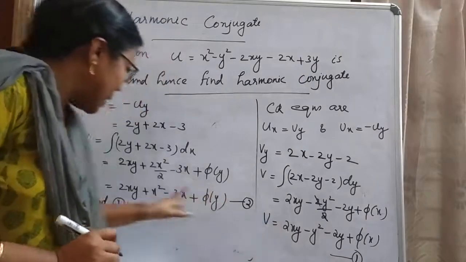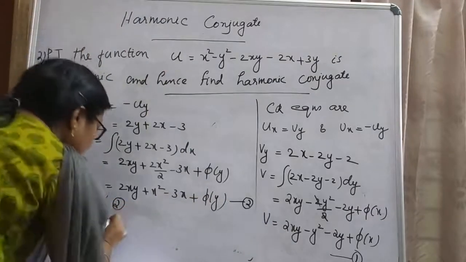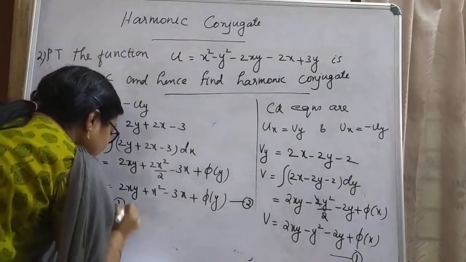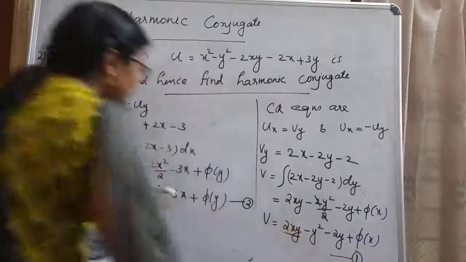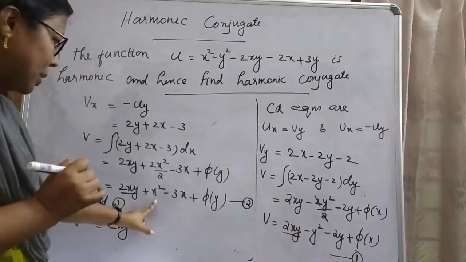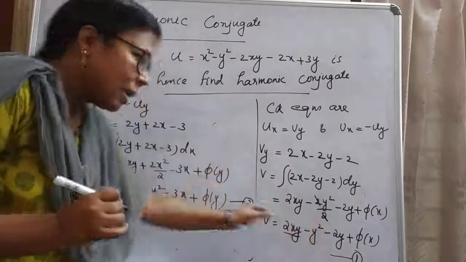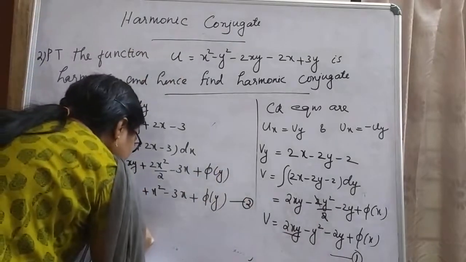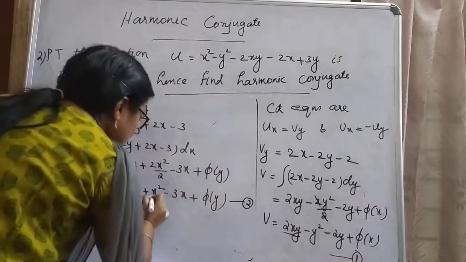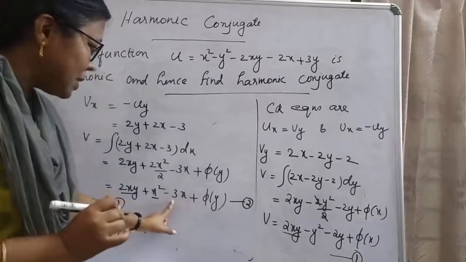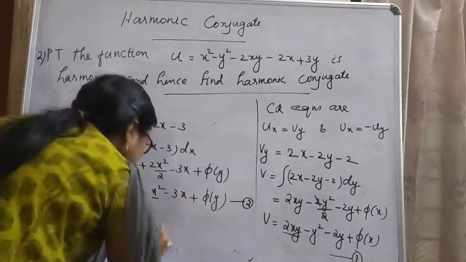Therefore, we have to write 2xy one time. Now here x square. Here no x square. Therefore, write x square. Then minus 3x is here only. Write minus 3x.